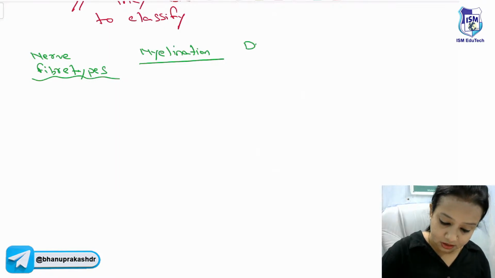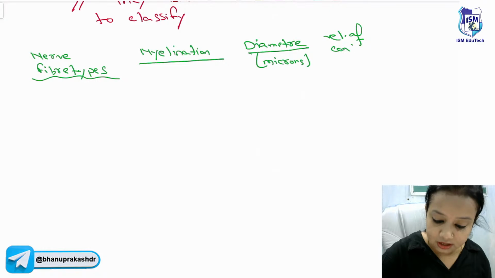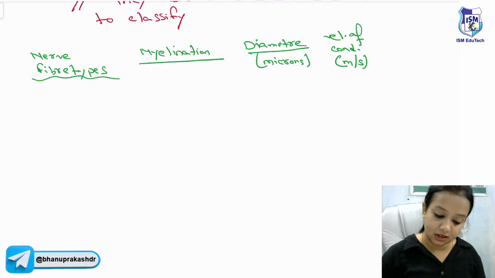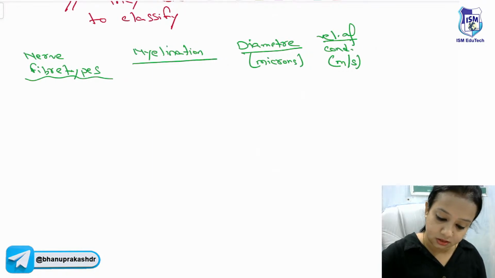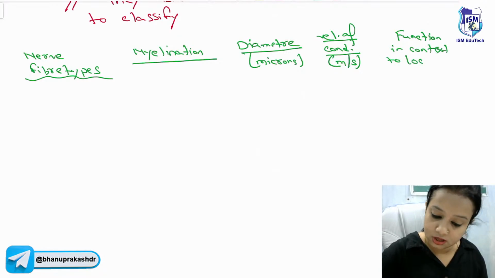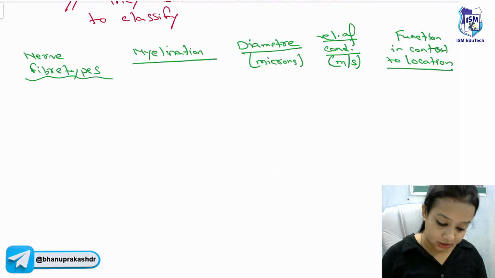Third, the diameter in microns. Fourth, the velocity of conduction, in meters per second. And fifth, the function in context to location, like where they are located and what their function is.